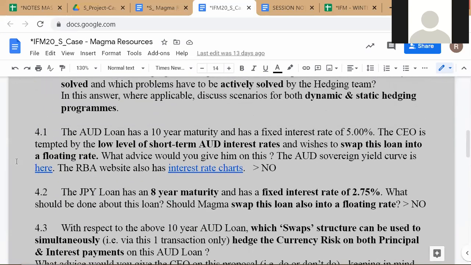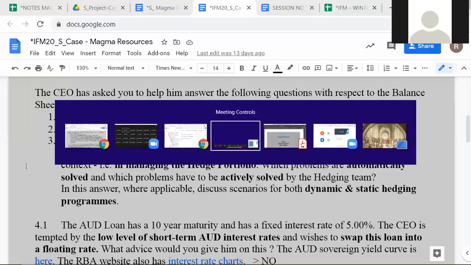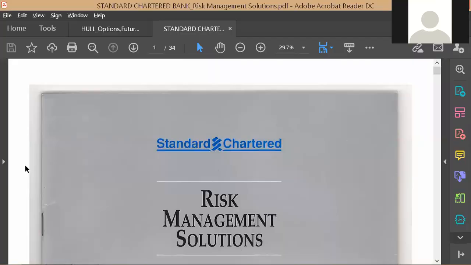But I won't use the complicated classification that I have used in my note. So I've removed that note from your folder. You won't have to study that. We'll study the swaps from your Hull textbook, and also from this book which I've written. I actually wrote this book in 1993, but it is still very much relevant because none of the products have changed.